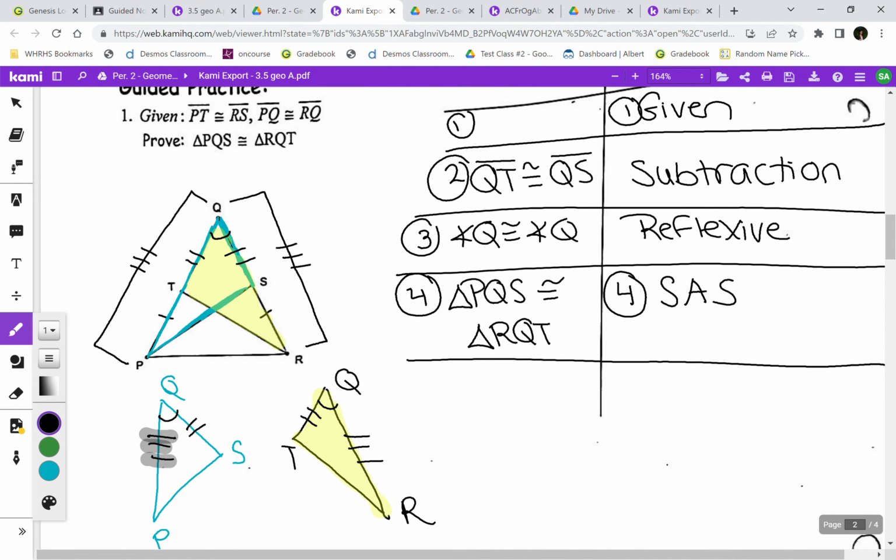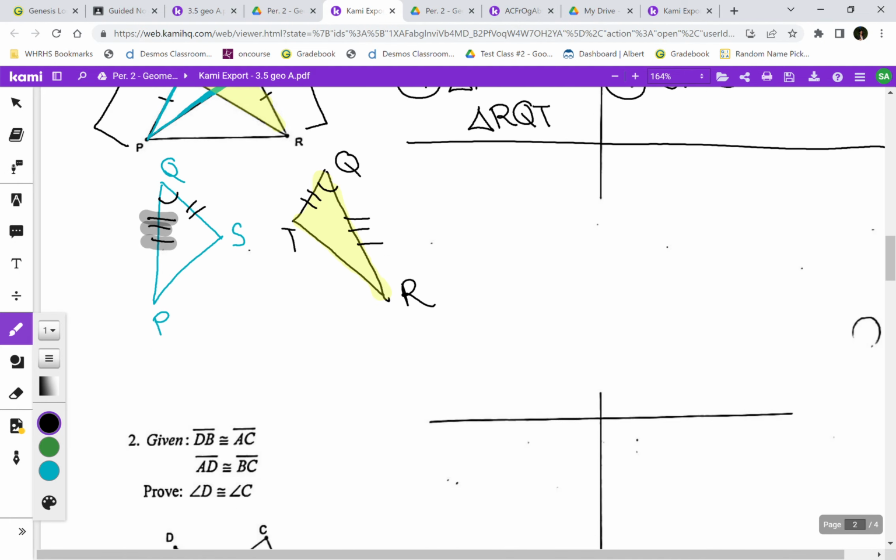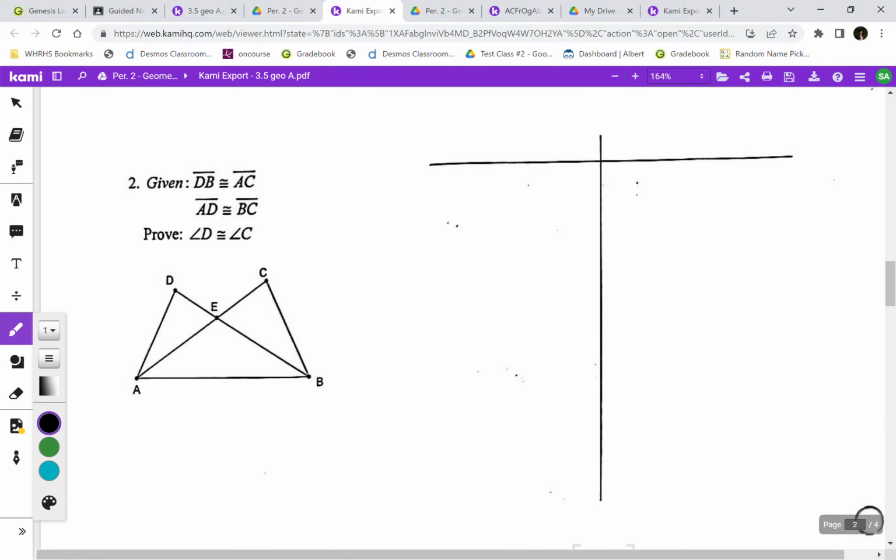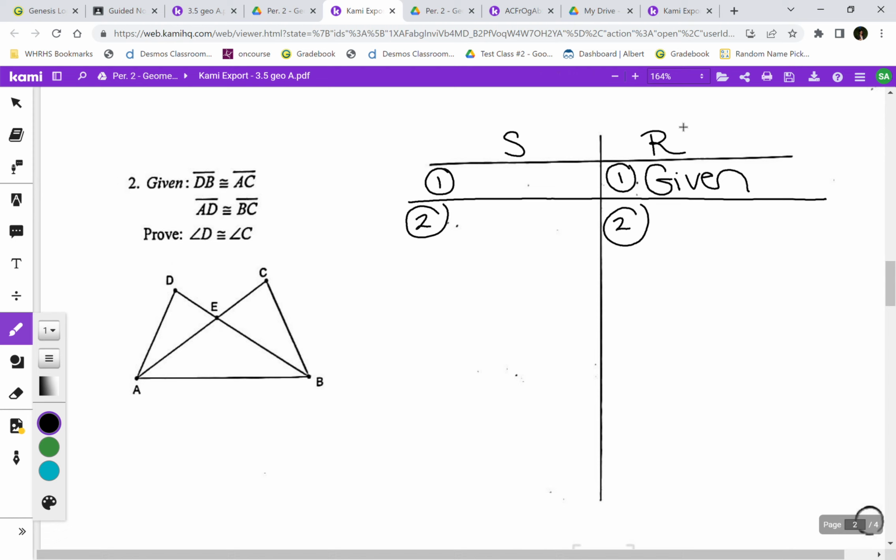Anybody still copying number 1? Okay, number 2. Okay, again, let's go through our given, mark up what we have.